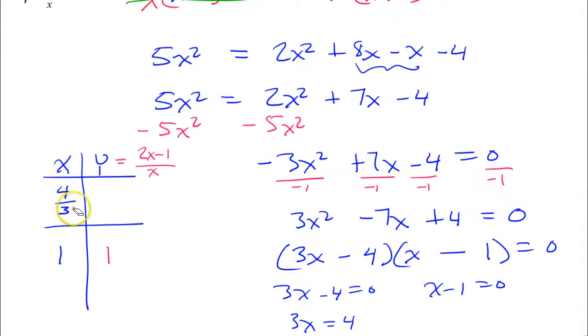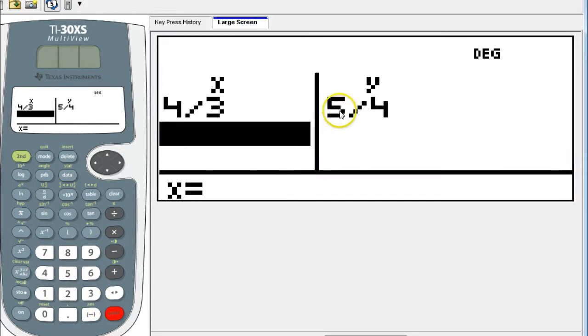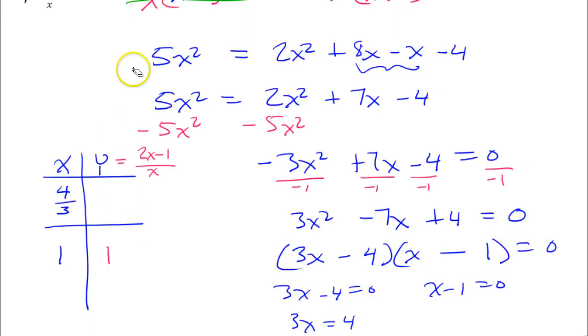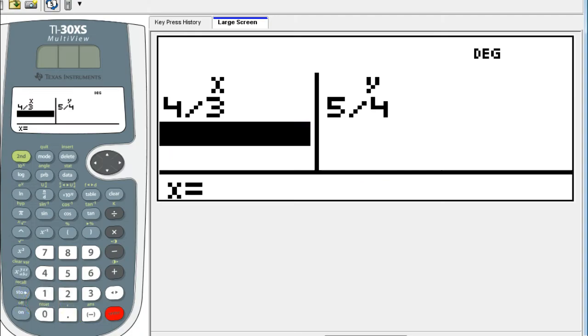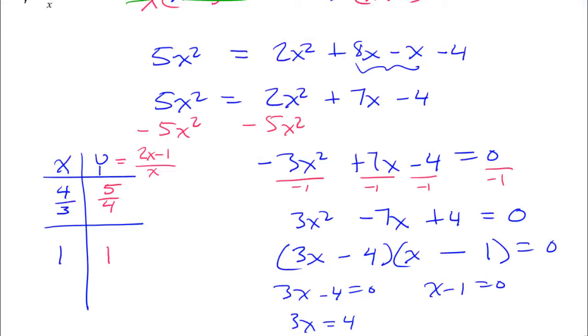I want to evaluate at 4/3, so I can just type in 4/3 like that. So the y value is 5/4. And just for fun, let's confirm what we did by hand by typing in a 1, and sure enough, it comes up with the number 1.